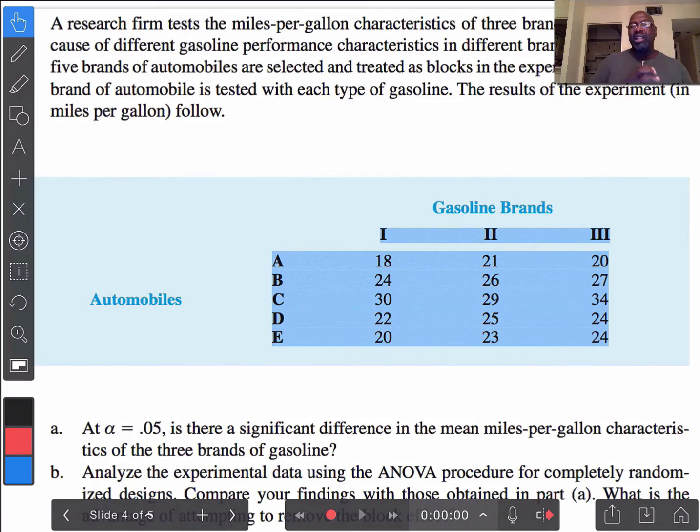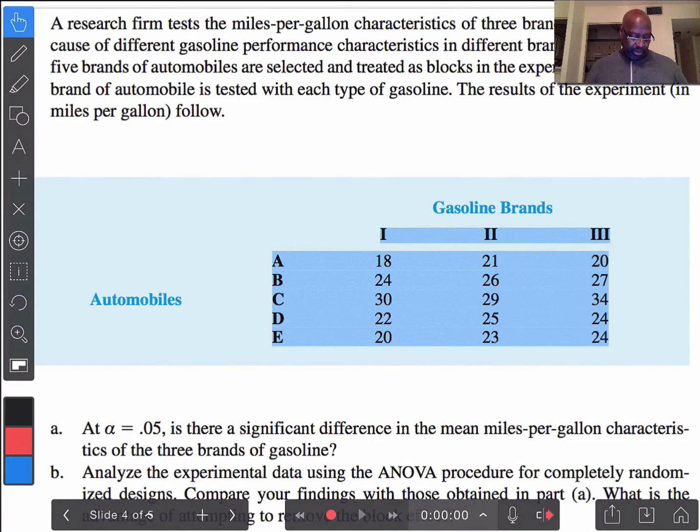You're helping to extract some of the other noise, other forms of variation in the data, by now isolating variation due to the types of cars. Before, when we did a randomized design, we were not able to isolate variation among the cars. Now that we have kept the same cars and repeated the experiment, we can isolate the variation due to the cars.